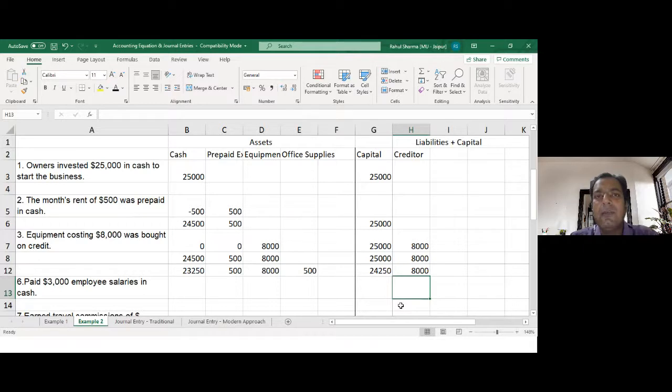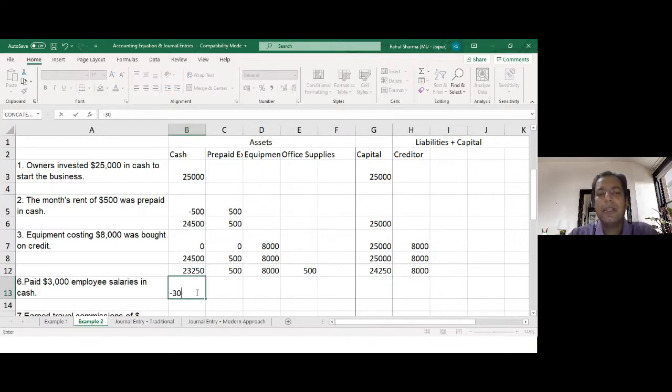How much salary are we paying? We are paying a salary of 3,000, right? So it's like any other expense. We'll do the same treatment with this. We'll deduct 3,000 from the cash for salaries, and we'll deduct 3,000 from capital for salaries.